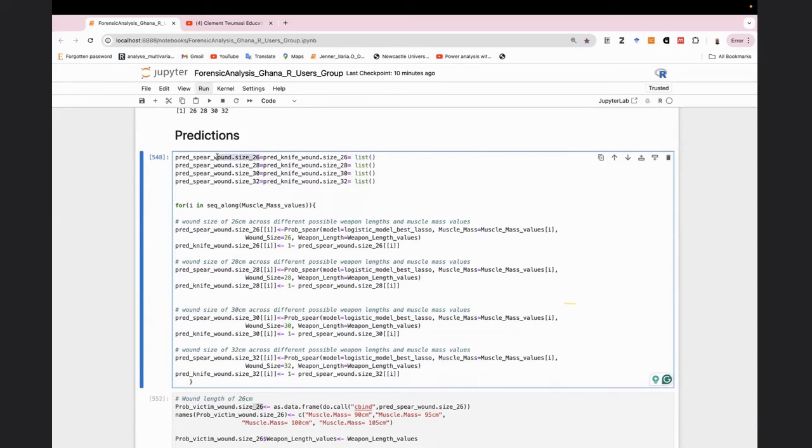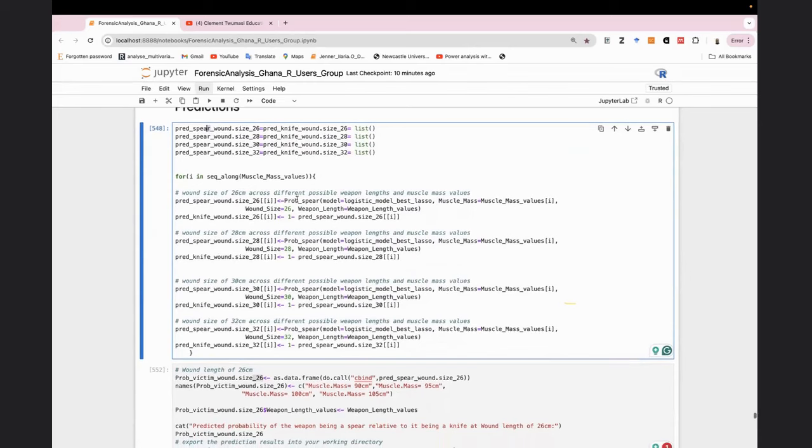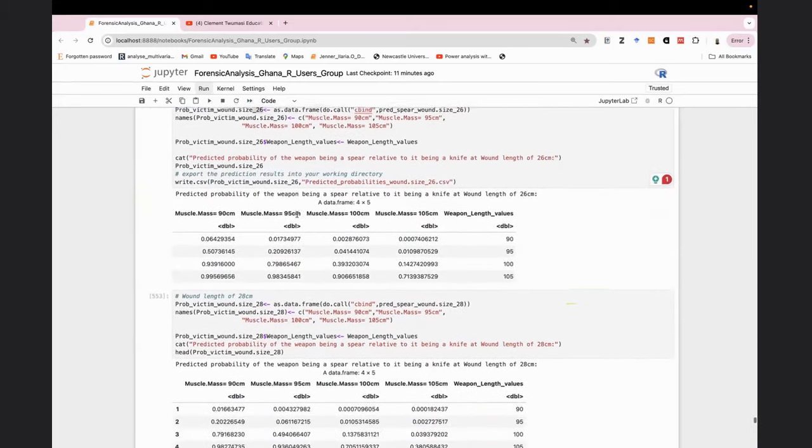So here you notice that I have the prediction of the wound being caused by a spear, and I also have it being caused by a knife. Once I predict the probability that it's a spear, to get the probability that it's a knife, I just have to subtract it from 1. So this course is just telling the results.